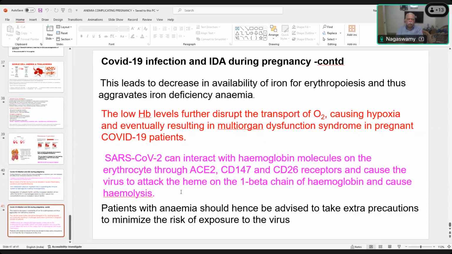So to recap the whole topic in a formative way, first you know the definition, then you know what are all the etiological causes for anemia, divided into etiology, morphology, and the ICMR and WHO classification. Then you have to know what are all the adaptive mechanisms the body produces to withstand the anemia before you start treating it.